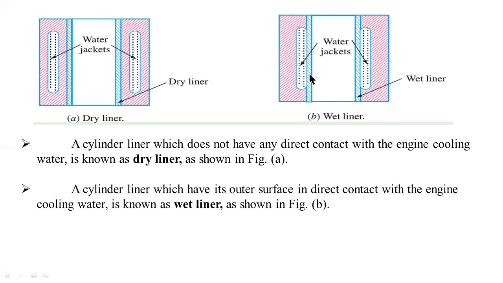Here you can observe the main difference between dry liner and wet liner. In dry liners there is no direct contact between water jackets and liners. In wet liners there is direct contact between the liners and water jackets.